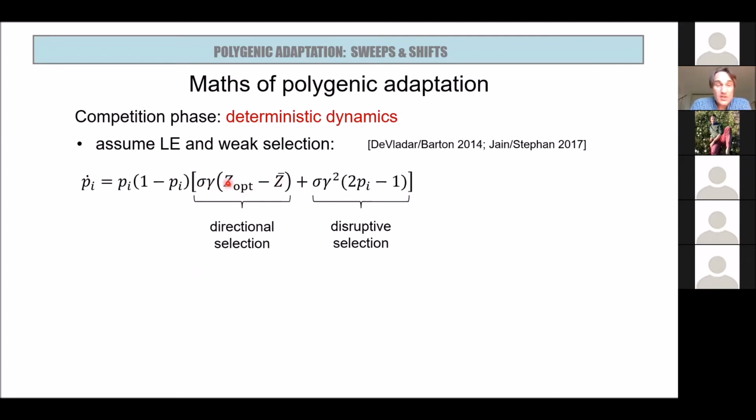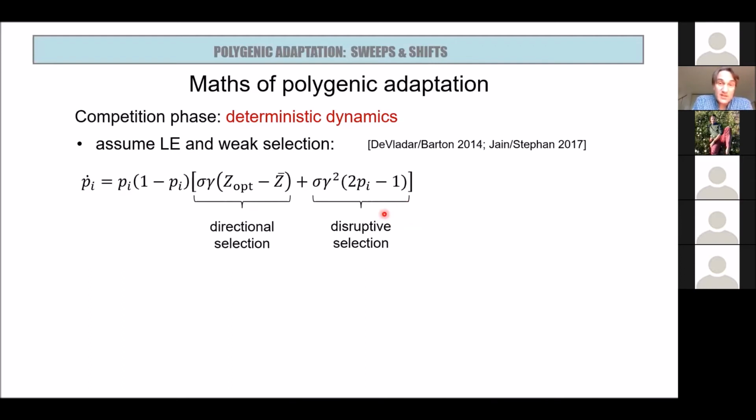So if the selection optimum is still larger than the current trait mean, then this term is positive, and this will lead to an increase in the allele frequency at all these loci, right? An increase in the allele frequency that drives the phenotype in the correct direction towards the optimum. So this is a term of directional selection.